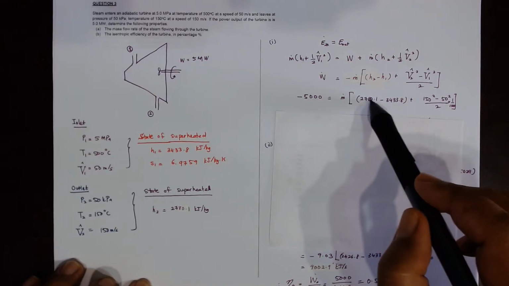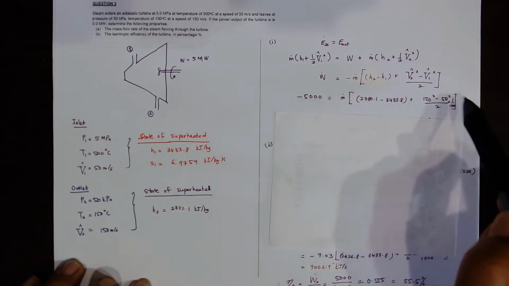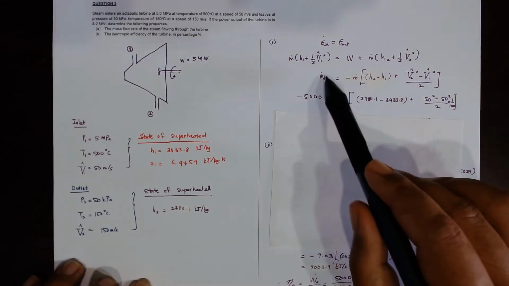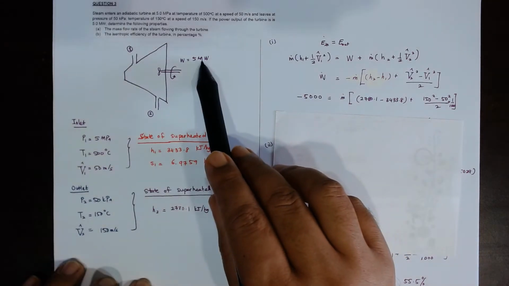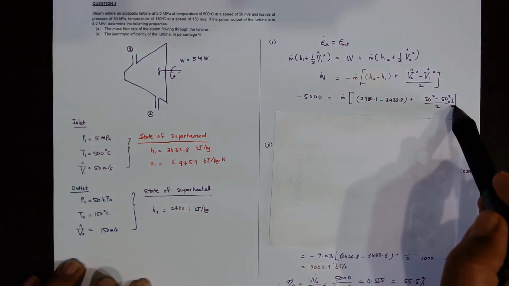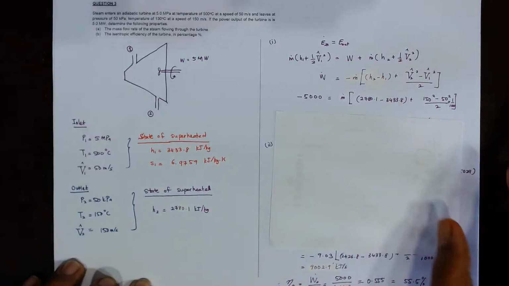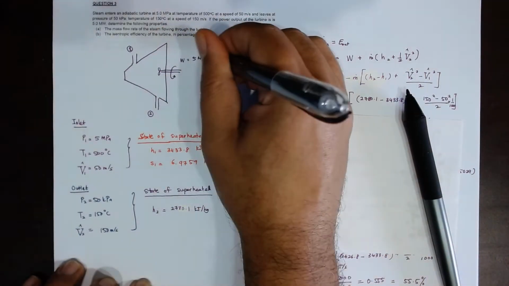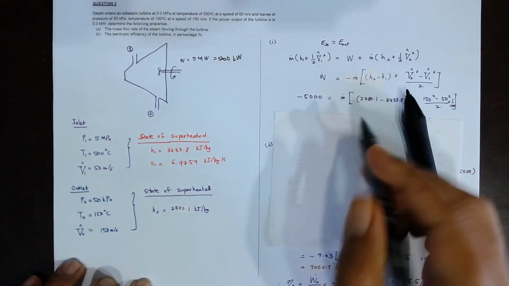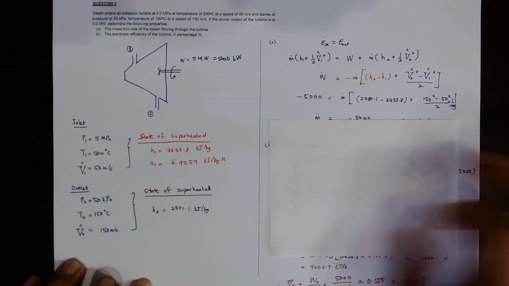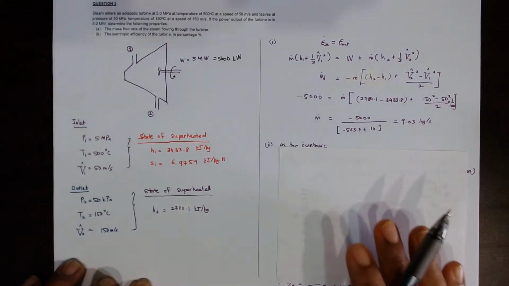Why? Because this one is in kilo units, and this one is not yet in kilo. So to get kilo, divide by 1000. So this one is megawatt. It should be kilowatt, so 5000 kilowatt. Everything is kilo now, so we can substitute and get the value of 9.03 kilograms per second.